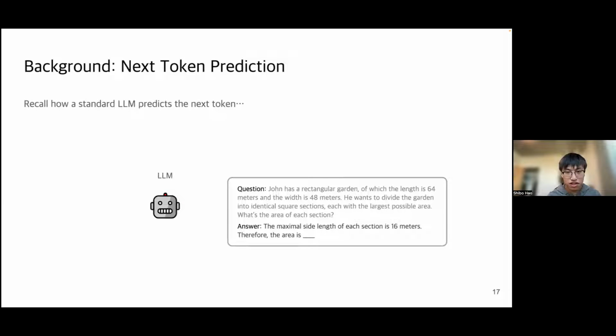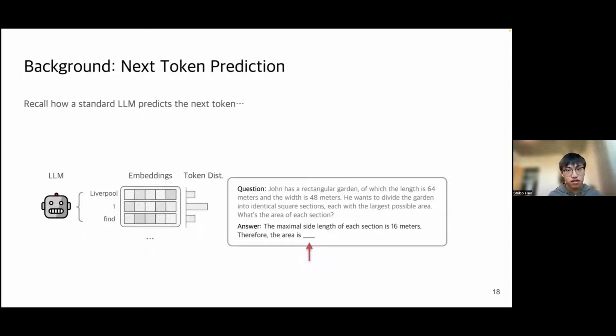Given a question, let's say the LLM is trying to answer the question step by step by generating the next token, and say we are arriving here and trying to predict the next token.